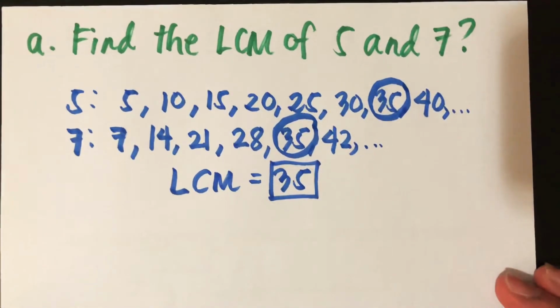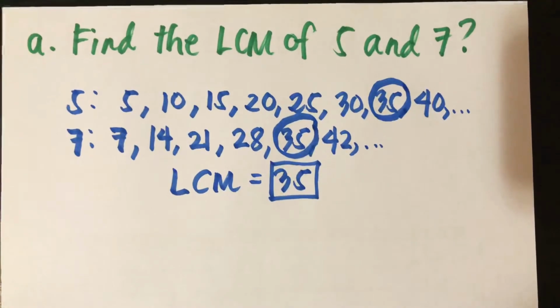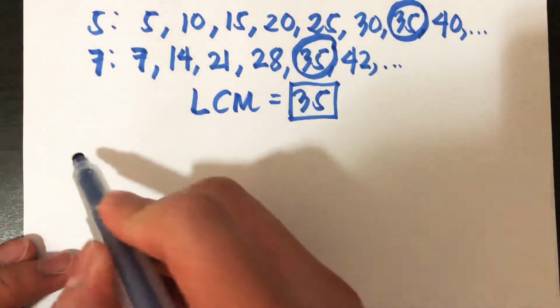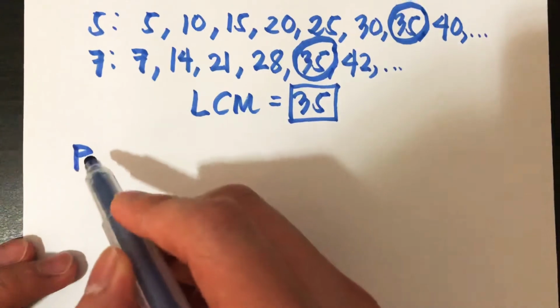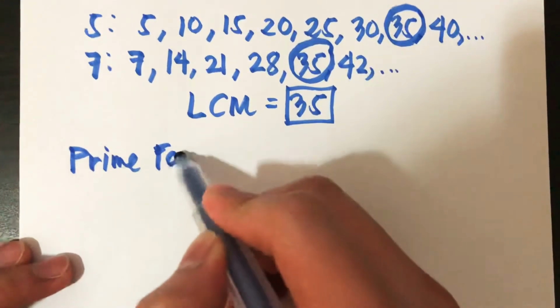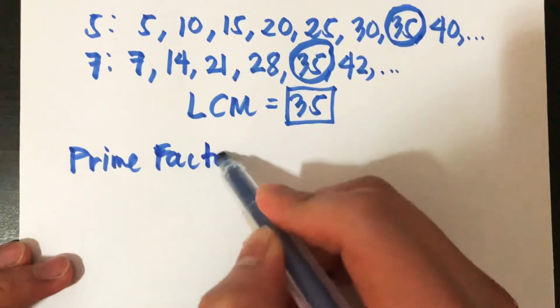Now our second method is prime factorization, okay? But before that, make sure to watch my previous video on prime factorization, which I will link in the description box below, okay? So we have prime factorization.